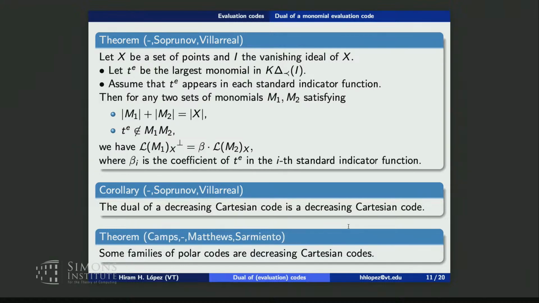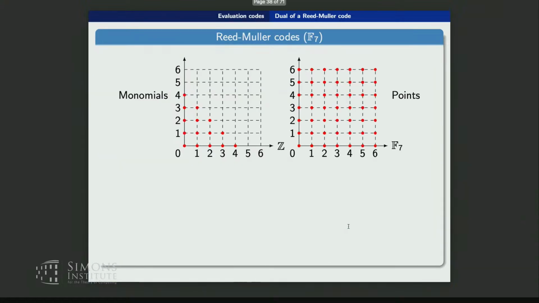And this is important because polar codes are decreasing Cartesian codes, some polar codes. And well, let's play the game. To make sure that it is clear, we have the Reed-Muller codes. I have polynomials up to a certain degree, and I have all the points. So now the theorem says that we can replicate the game that I told you before.